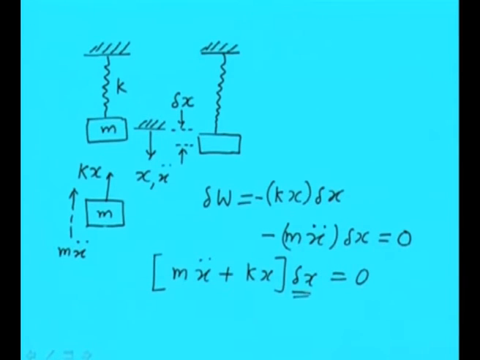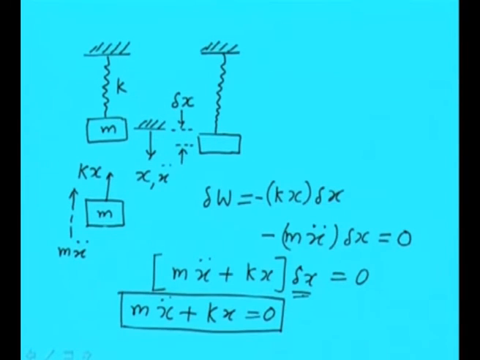This virtual displacement which we have given to the system is arbitrary, that is we can give any value to that. So, obviously this cannot be 0. So, we need to equate the terms within the bracket to 0, and that gives us the equation of motion of the system.